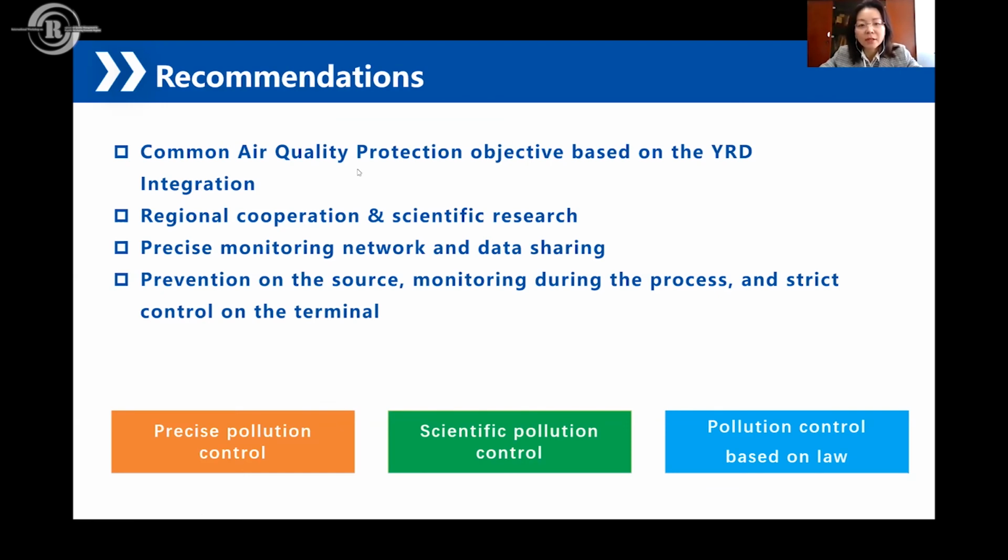However, our common efforts should still be set up to make a common air quality protection objective, especially given the current national regional strategy, the Yangtze River Delta Integration Policy. This national policy can provide us a better platform for common air quality protection.